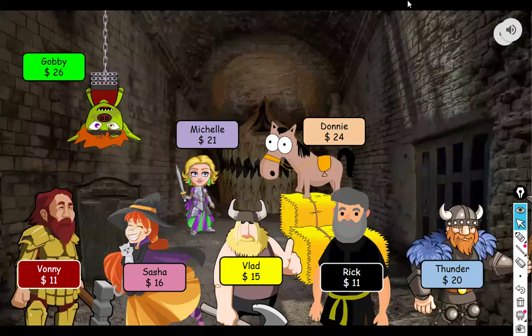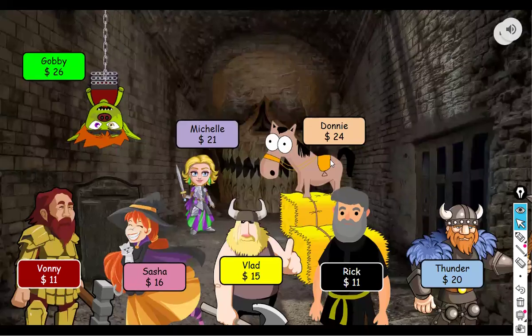So if you decide to rescue anyone, let me know who you rescue. And of course, if you didn't, let me know also. Somebody rescued Thunder, right? Somebody saying you're rescuing nobody. Somebody rescued Sasha, somebody rescued Bonnie, somebody rescued Rick, right? So update your money, update your money.